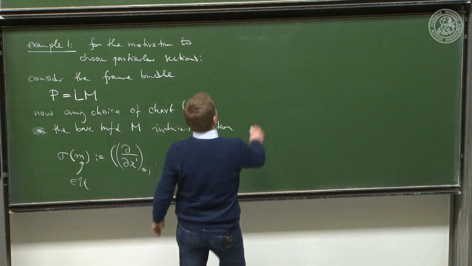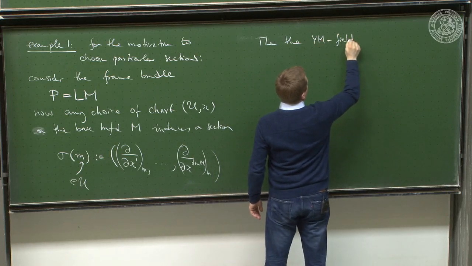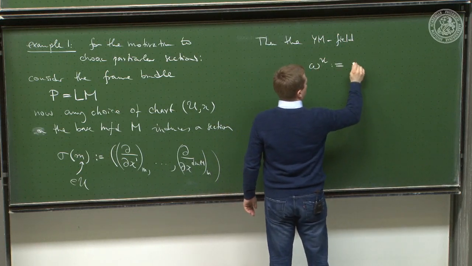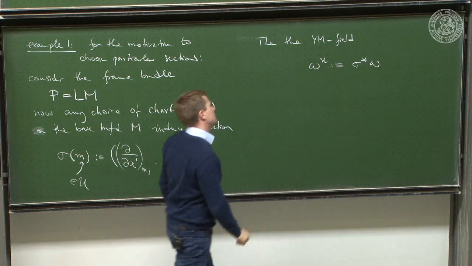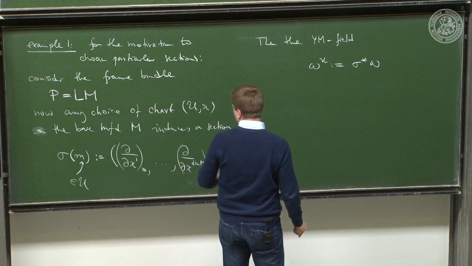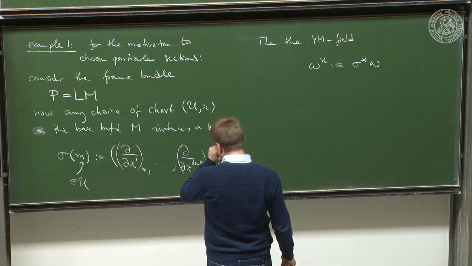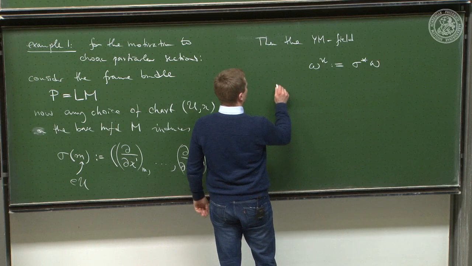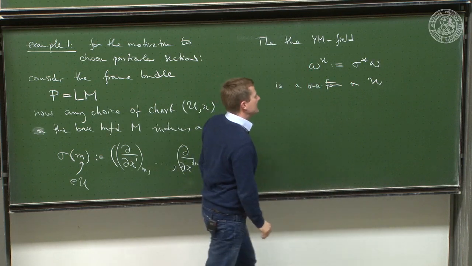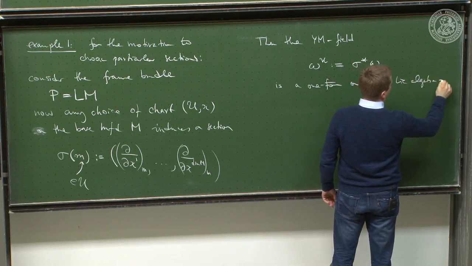And then the Yang-Mills field omega u, which is defined as the pullback of omega under sigma, is a one form on U, and it's Lie algebra valued.